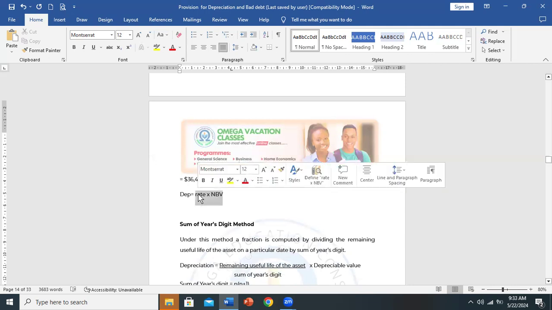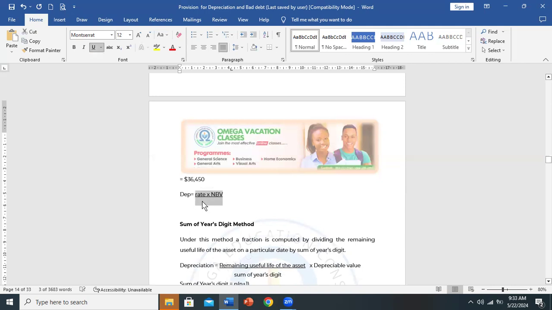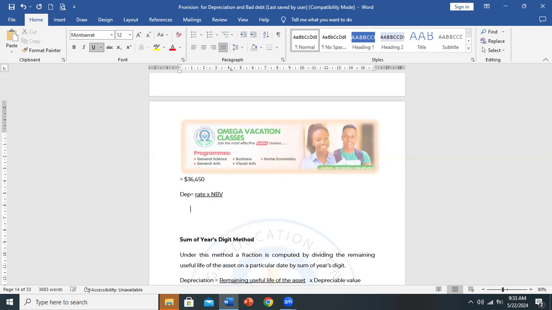If I have this all divided by 100, what it simply means is that if the rate is 10%, I'll put 10 here and multiply by the net book value and divide by 100. So technically it's not wrong, just a matter of how you explain it.